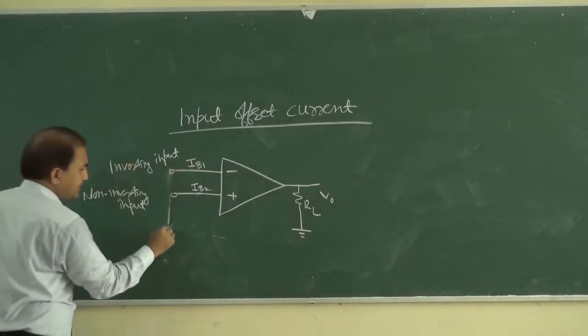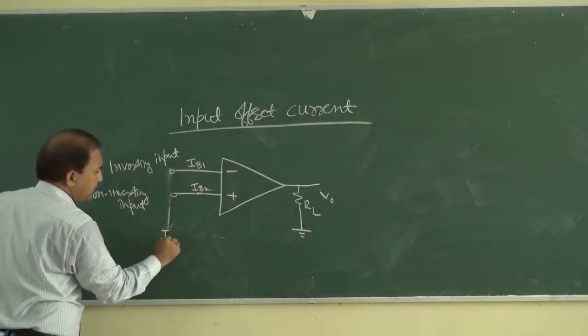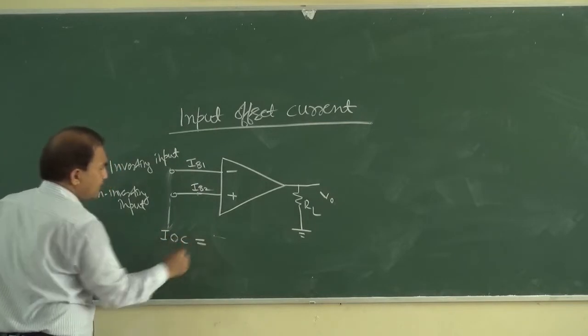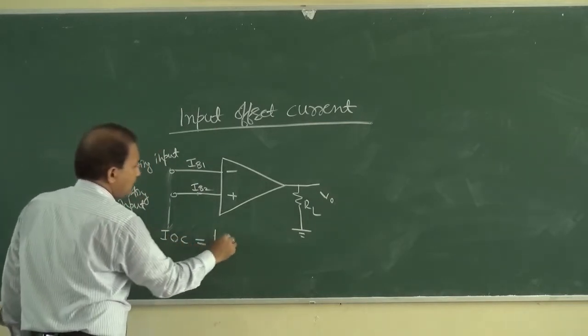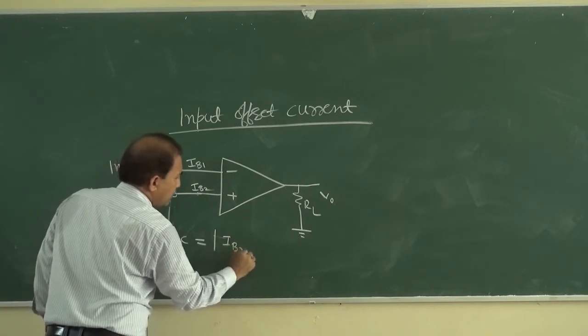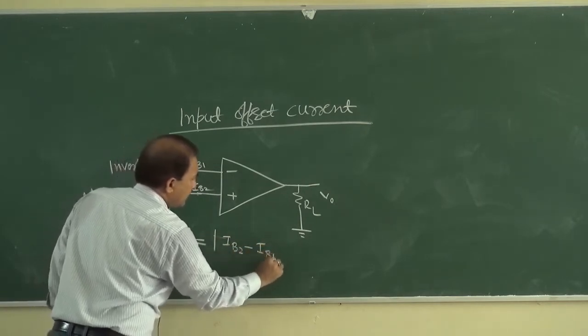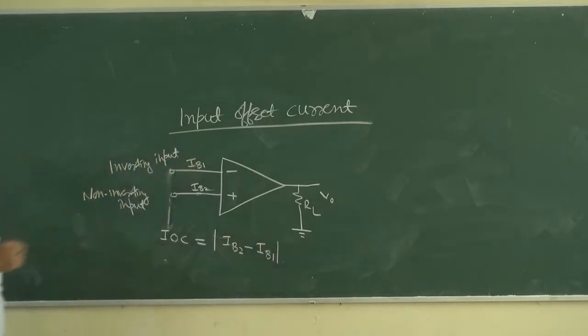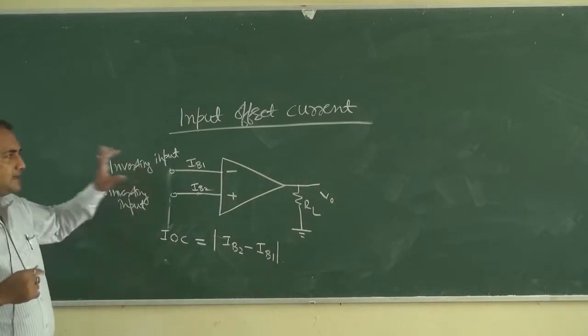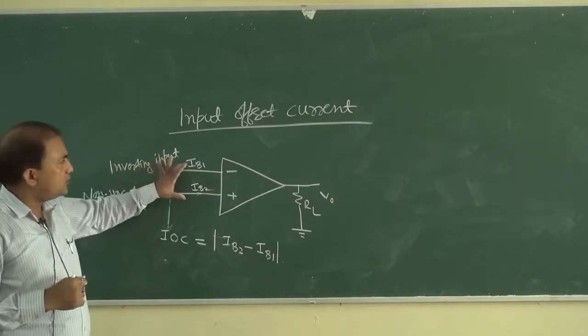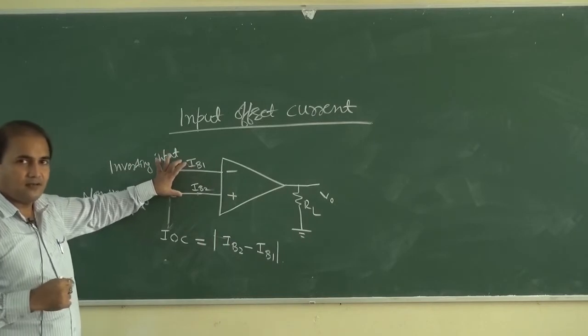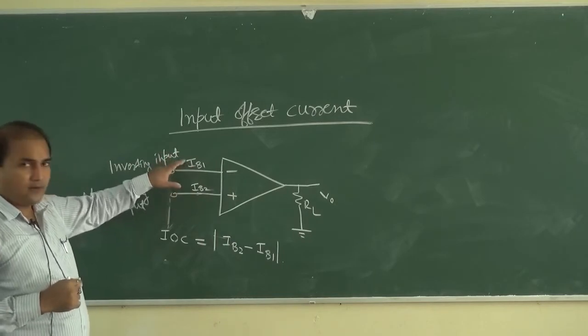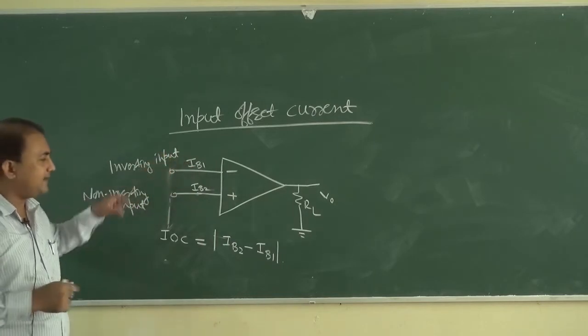So input offset current is equal to mod of IB2 minus IB1. So what is input offset current? It is the difference of the two input currents, IB2 and IB1, in an operational amplifier.